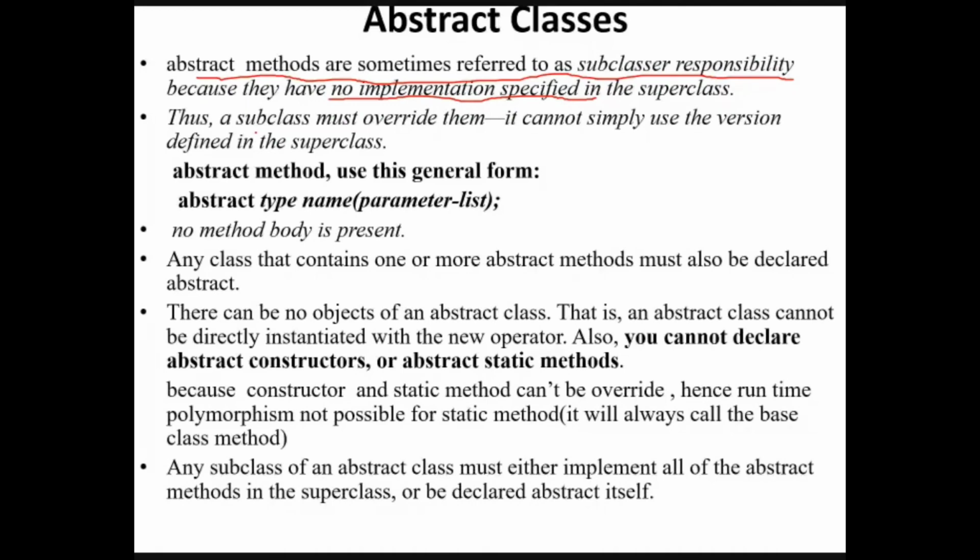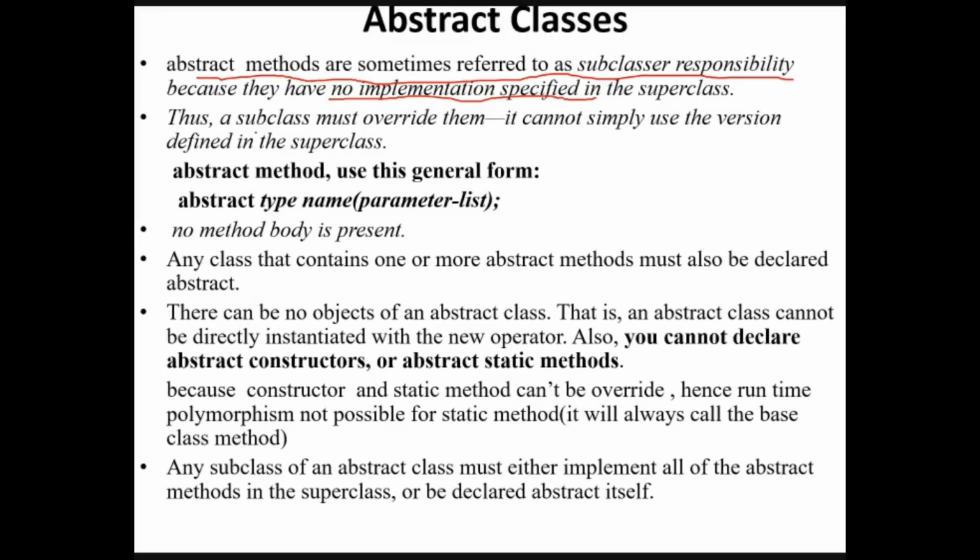Otherwise, what will happen? If I do not override the pure virtual function in the derived class, what will happen? Then it will call the function written in the base class only, ma'am.